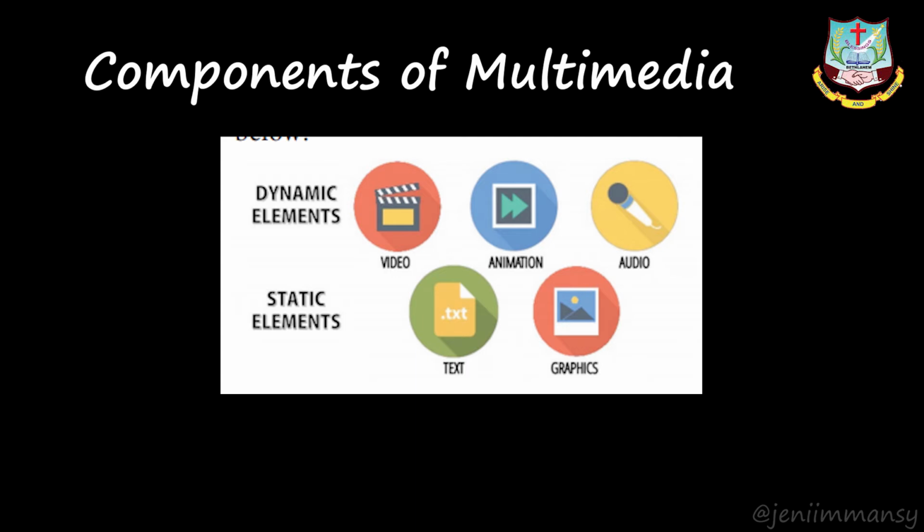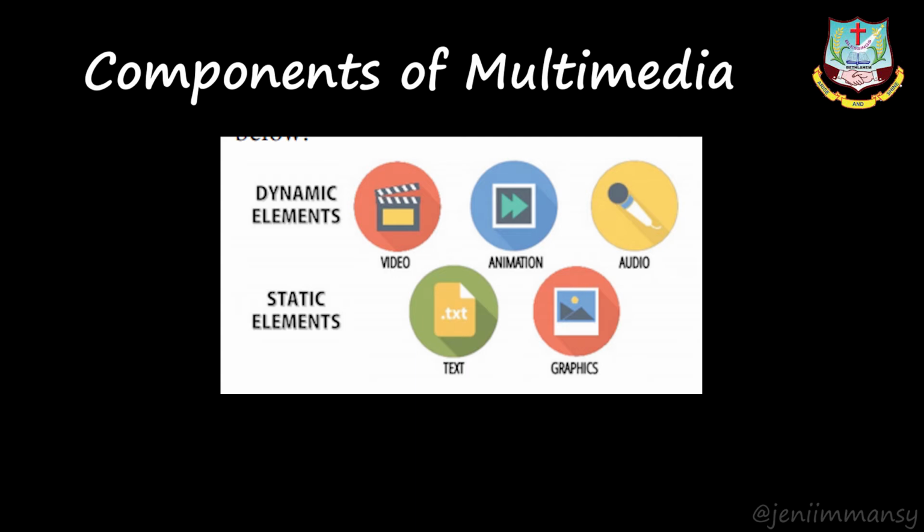If it is an animation, it will also have movement, and through those motions you will be able to understand the information provided by the animation. With audio also, when it is played, you will be able to understand the information from that medium. So they are dynamic elements, and static elements are text and graphics.